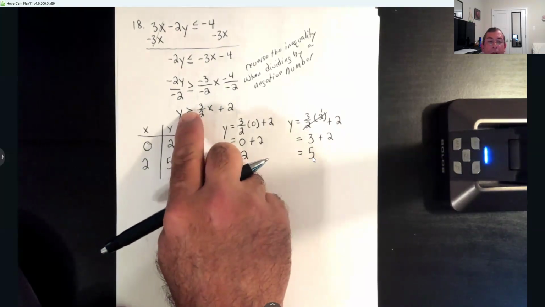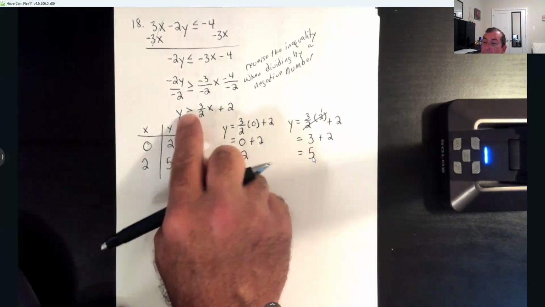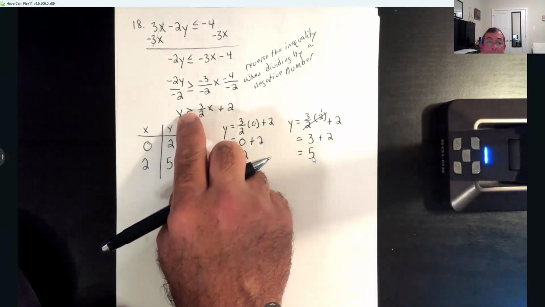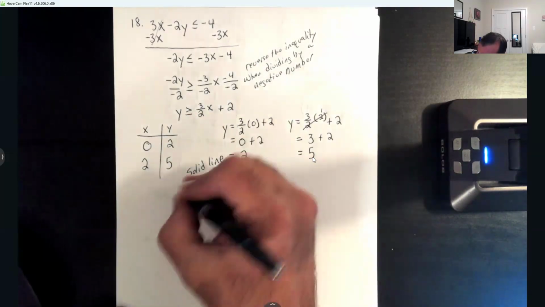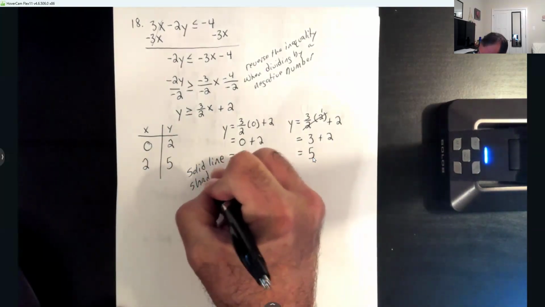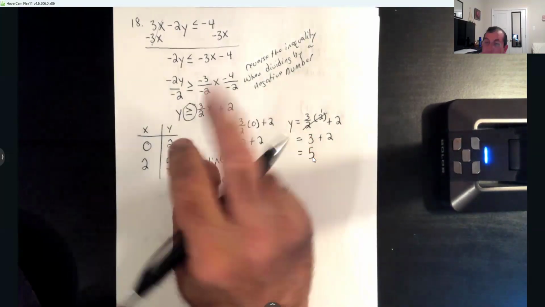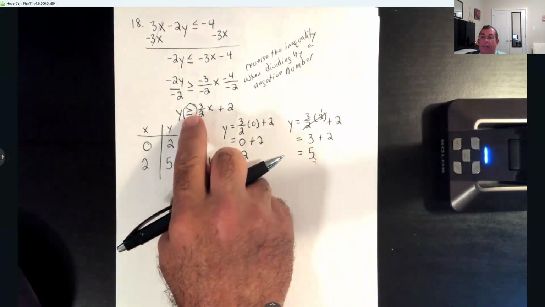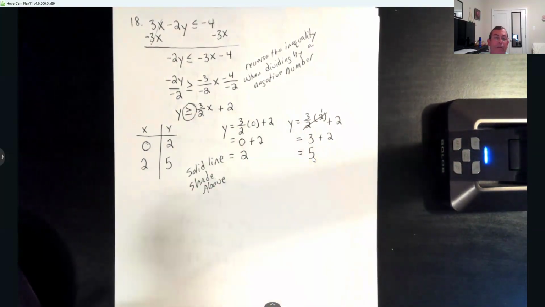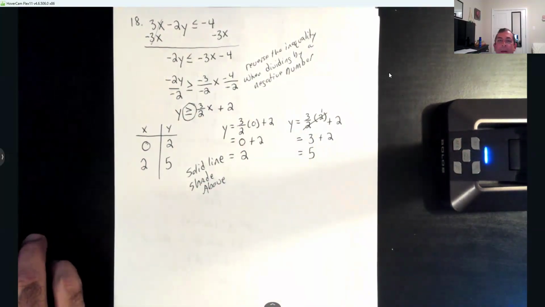Now, if it was just a greater than, if it didn't have the equals part, you would use a dash line, okay? Now, greater than, I'm going to shade above. So you always look at your final equation. Since that's greater than, we're going to shade above. All right, y'all, so we're going to go graph that now.